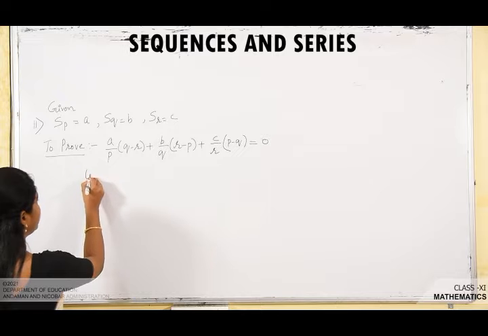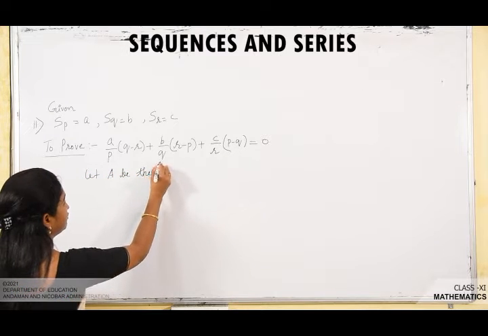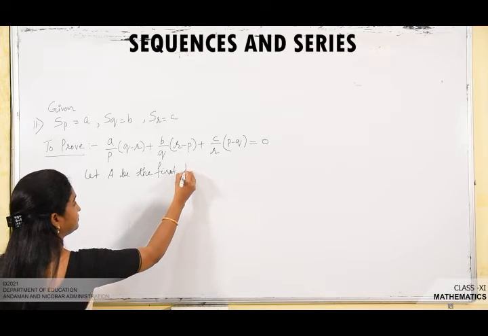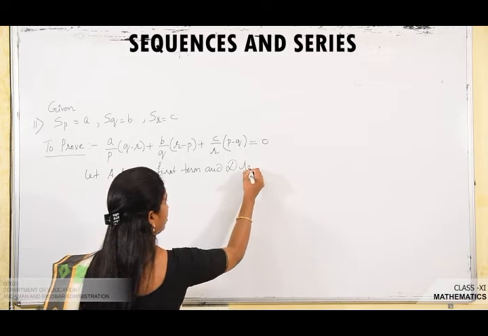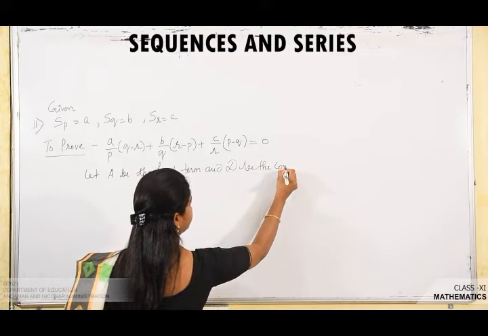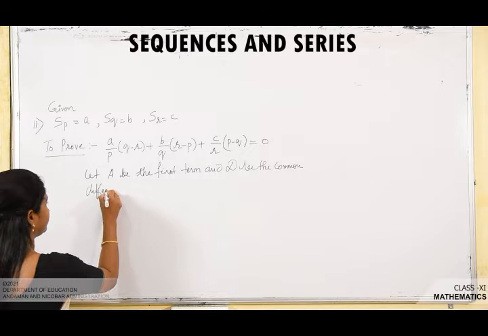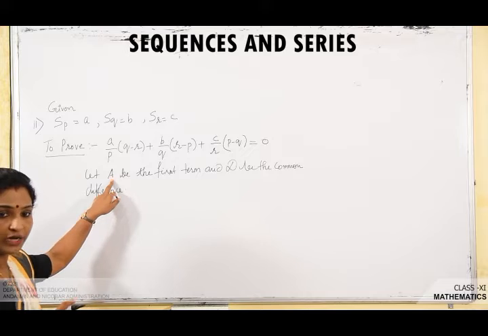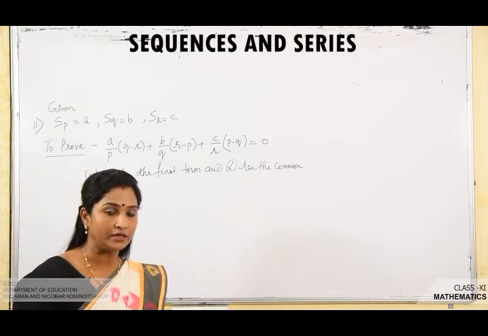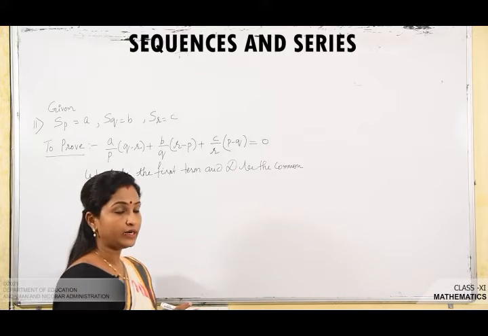Before that you have to take, let capital A be the first term and D be the common difference. So capital A be the first term, because already small a is given here. So we have taken capital A to be the first term and D be the common difference.